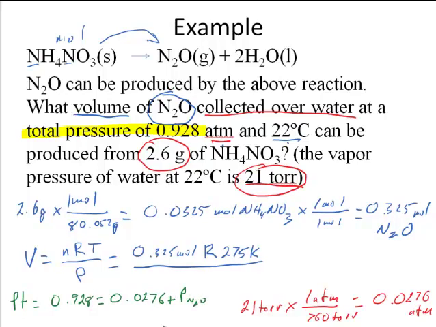So doing our awesome algebra, I subtract that from that, and I get a pressure of 0.900 ATM. A lot of interesting little stuff to solve this problem. I like this problem. Okay, so I've got that, and when I do my math, 0.875 liters. Finally done. Woo!